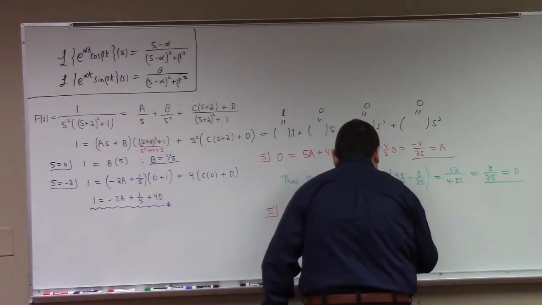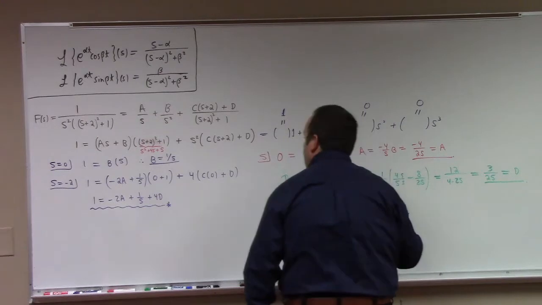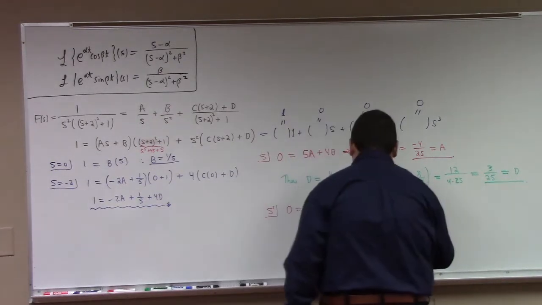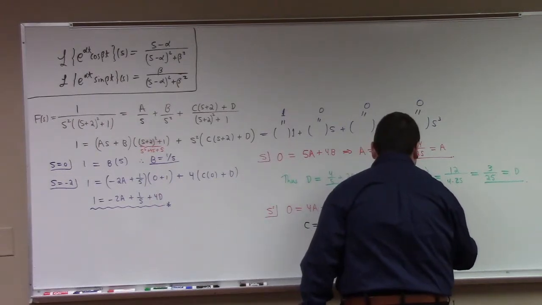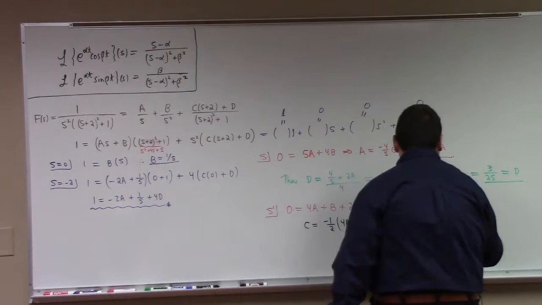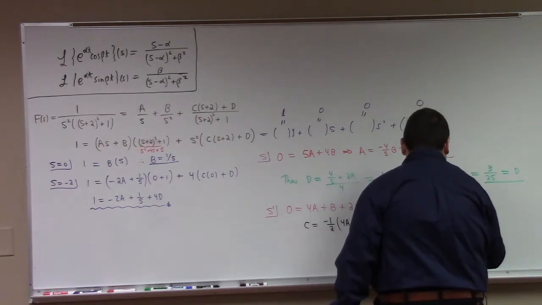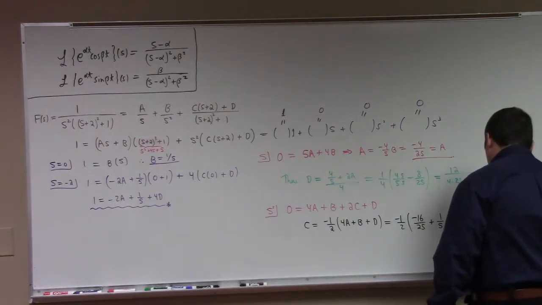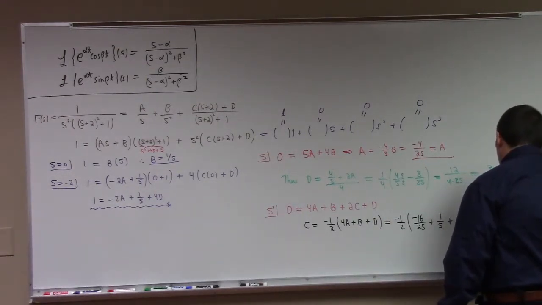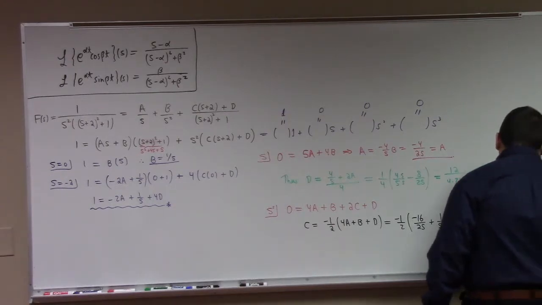So that's minus 1/2 of minus 16 over 25 plus 1/5 plus 3/25, which is really minus 1/2 of minus 16 plus 5 plus 3 over 25.